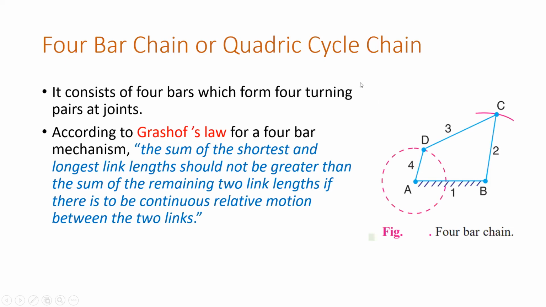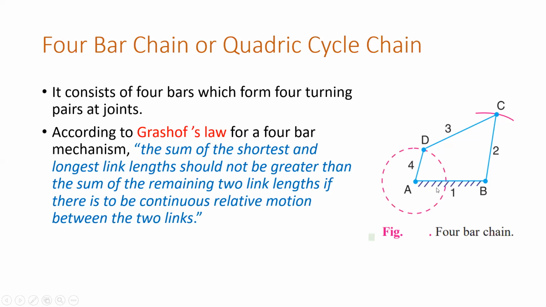You know that in a 4 bar chain there are 4 links, 1, 2, 3, and 4. All the kinematic pairs here are turning pairs.